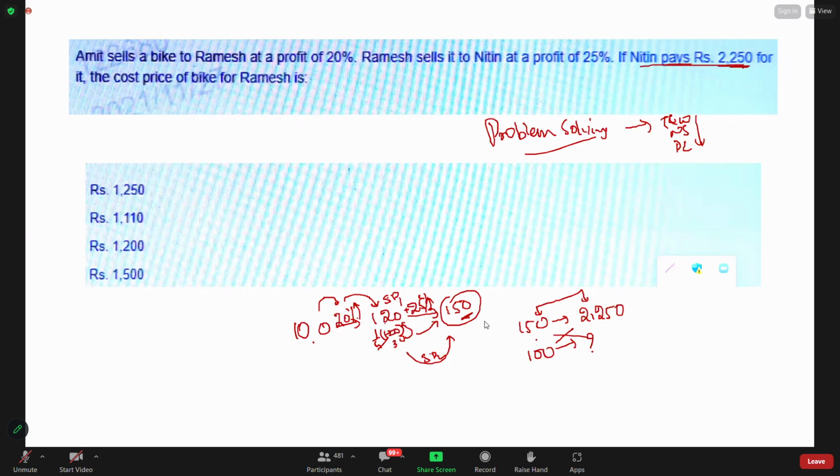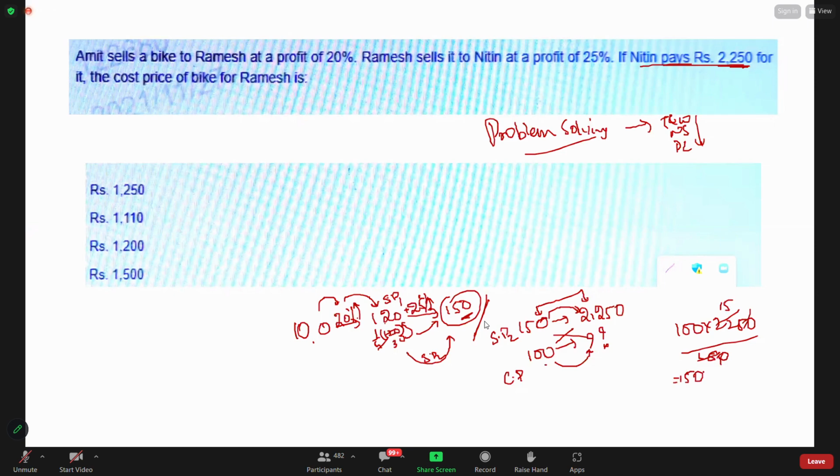But with our assumption of 100, we said it was 150. So 150 equals 2,250. Then how much is 100 equal to? 100 is our cost price, right? So 100 into 2,250 by 150. This is 1500.